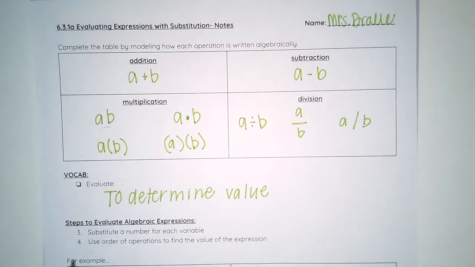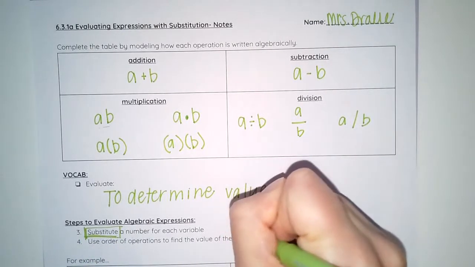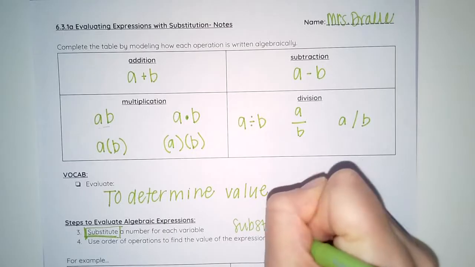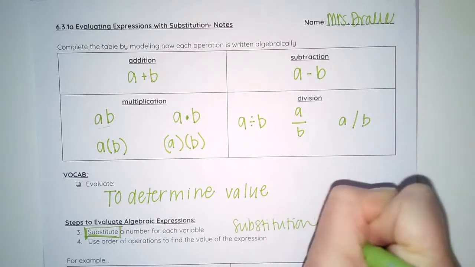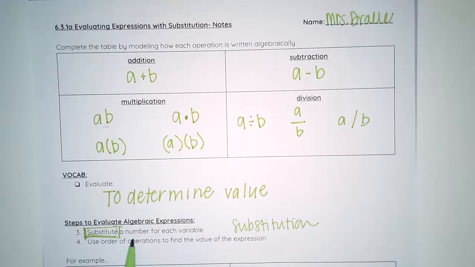All right, so today we are going to evaluate algebraic expressions. What this means is that we are going to use substitution. So we are going to substitute a number for our variable.